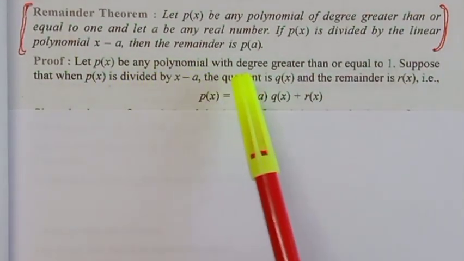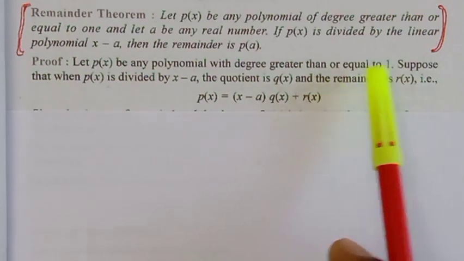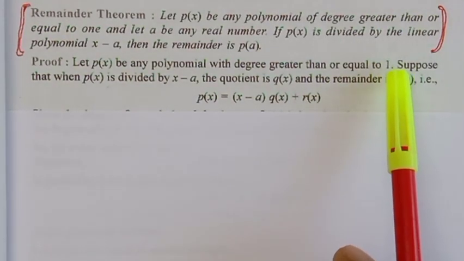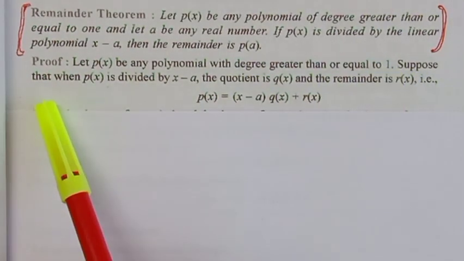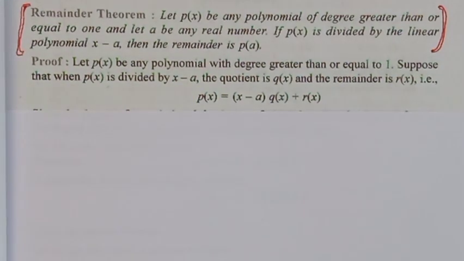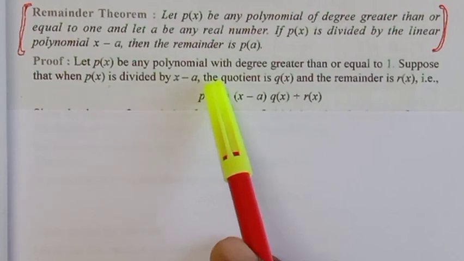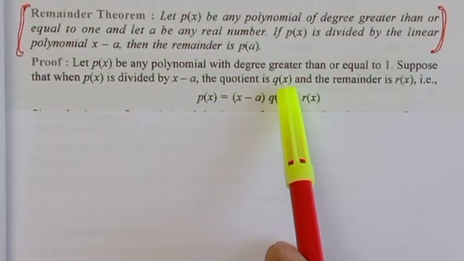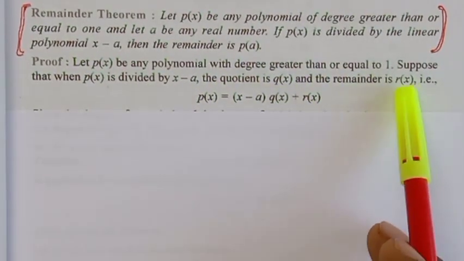Let p of x be any polynomial with degree greater than or equal to 1. Suppose that when p of x is divided by x minus a, the linear polynomial, the quotient is q of x and the remainder is r of x.